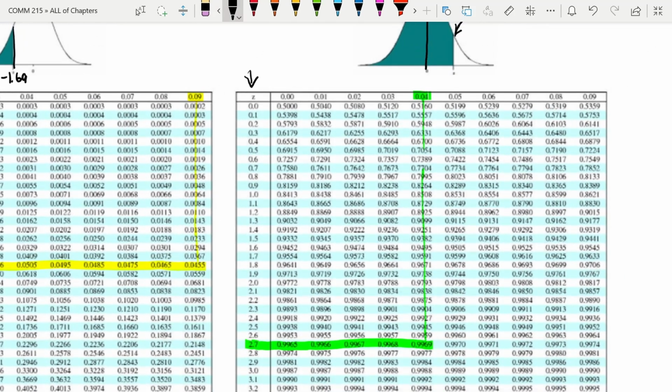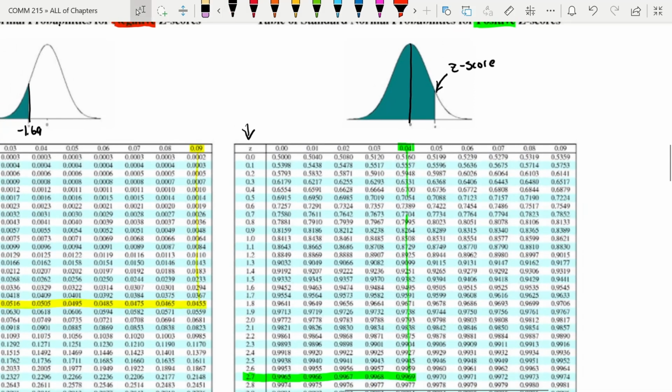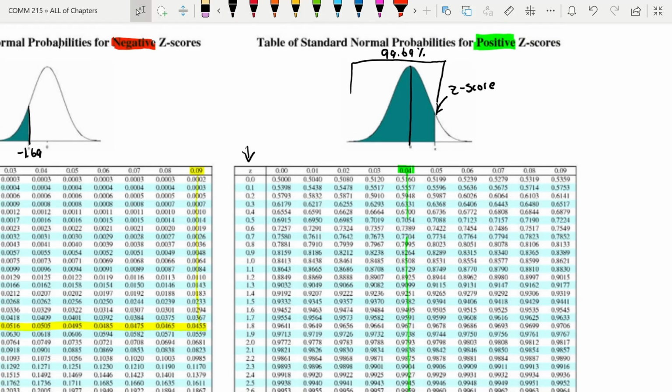So I can see that it's 0.9969, so we can say that this area is 99.69% of your normal distribution.